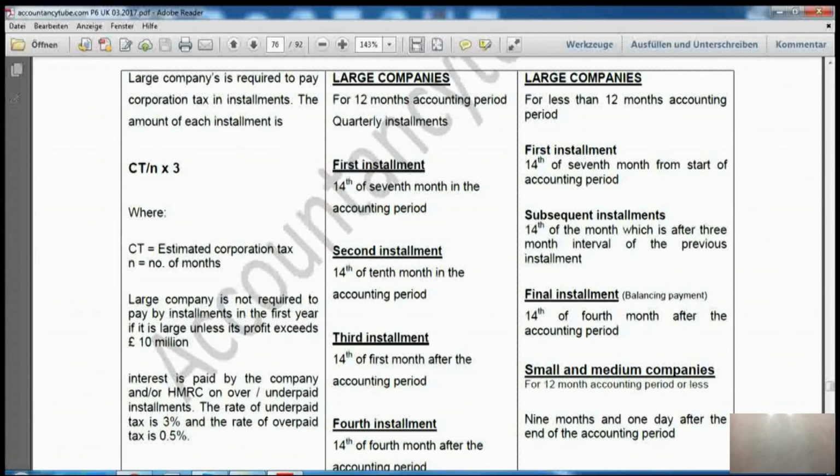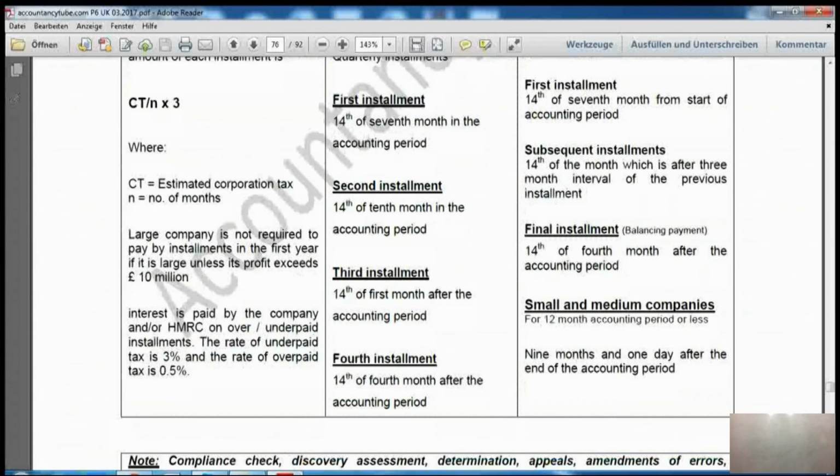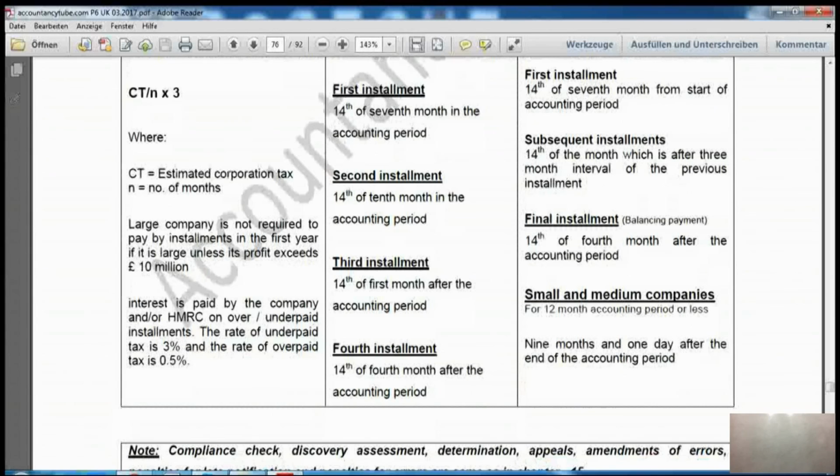Now, if the large company has less than 12 months in the accounting period, then the first installment will be on 14th of 7th month from the start of the accounting period. Please remember the wording and check the difference between this one and the previous one. The second one will be 14th of the month which is after a 3 months interval of the previous installment.